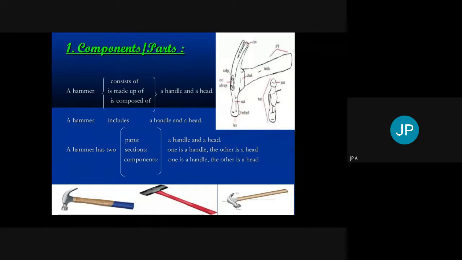Or you can say a hammer includes a handle and a head, or a hammer has two parts, or two sections, or two components, etc. So this is how we describe the parts of the object.